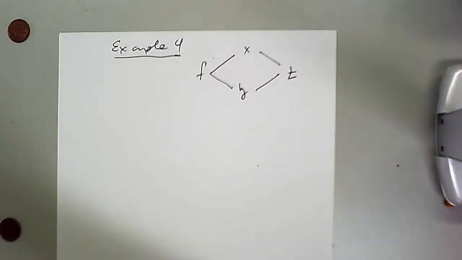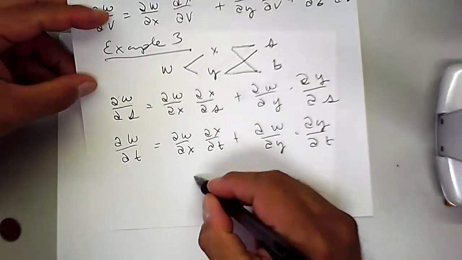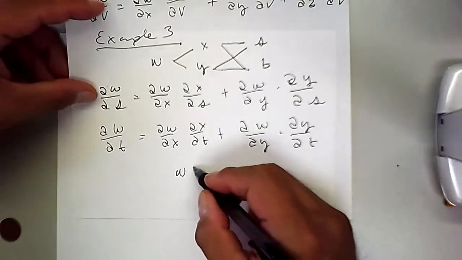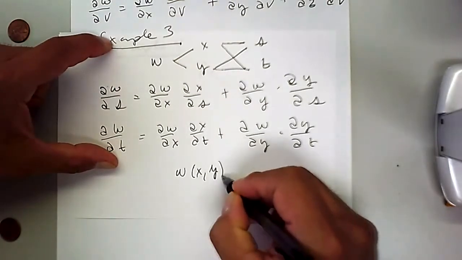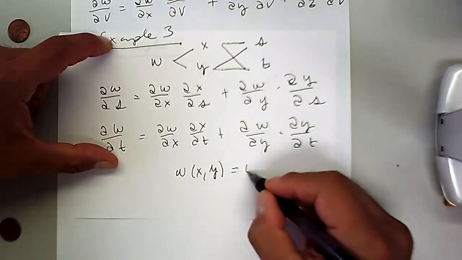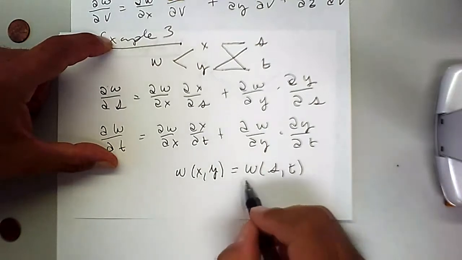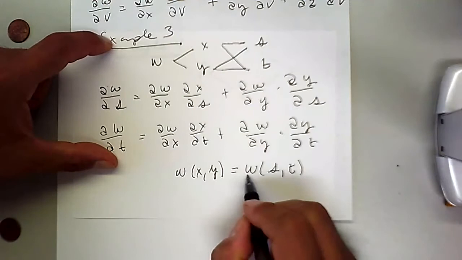Ultimately, in the previous examples, such as in this one, W in this example 3 is a function of X and Y. In turn, X and Y are functions of S and T, so W is also a function of S and T. The way this is written is kind of weird because it's not the same formula.